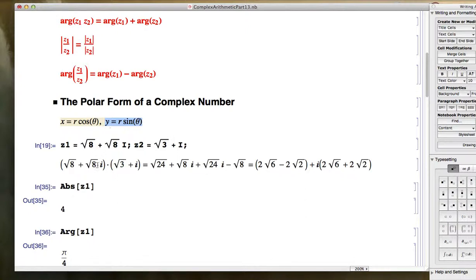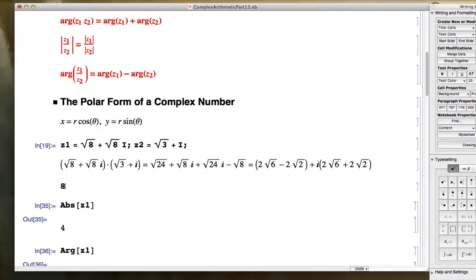And because of that, you can use the argument and moduli of these complex numbers to rewrite them in a new way. For example, Z1, this one here, could be rewritten as 4 times cosine of pi over 4 plus i times 4 times sine of pi over 4. Do you follow that?